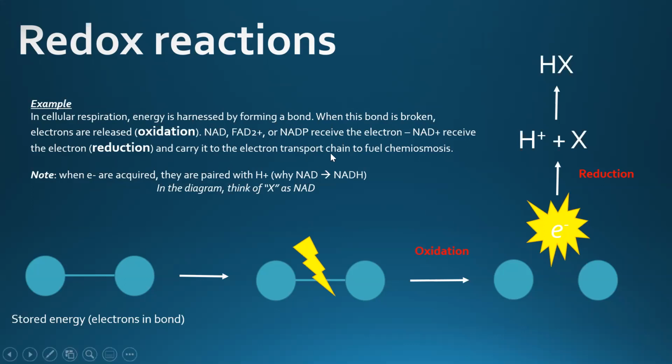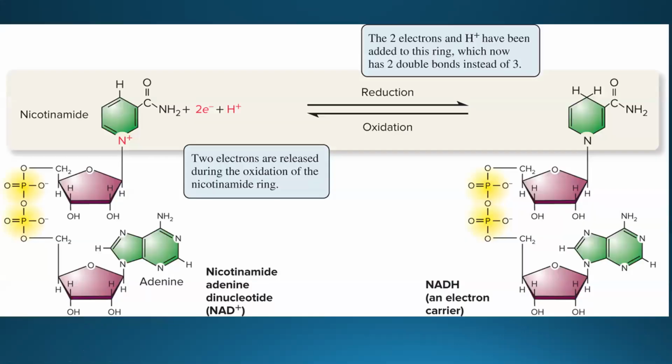So then you have the production of NADH, which is then going to carry that electron to the electron transport chain. And we're going to talk about that in great detail. So you can look at another diagram basically showing you the reduction of the NAD molecule, the NAD plus, which is the electron carrier.